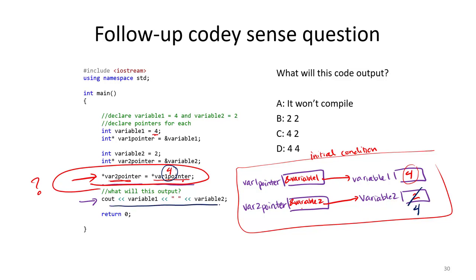So the correct answer here is that our cout statement is actually going to output 2 4s, because we have used variable 2 pointer and the asterisk to change variable 2 to now hold the value 4.